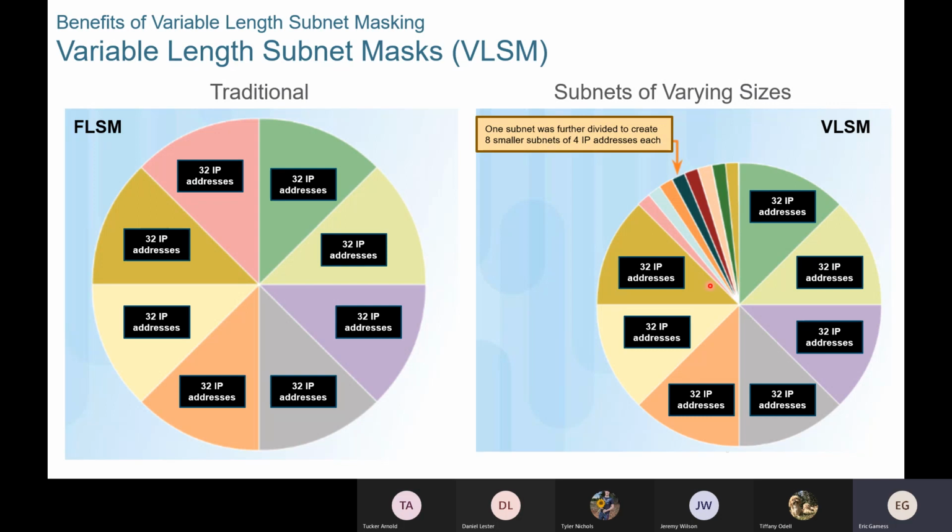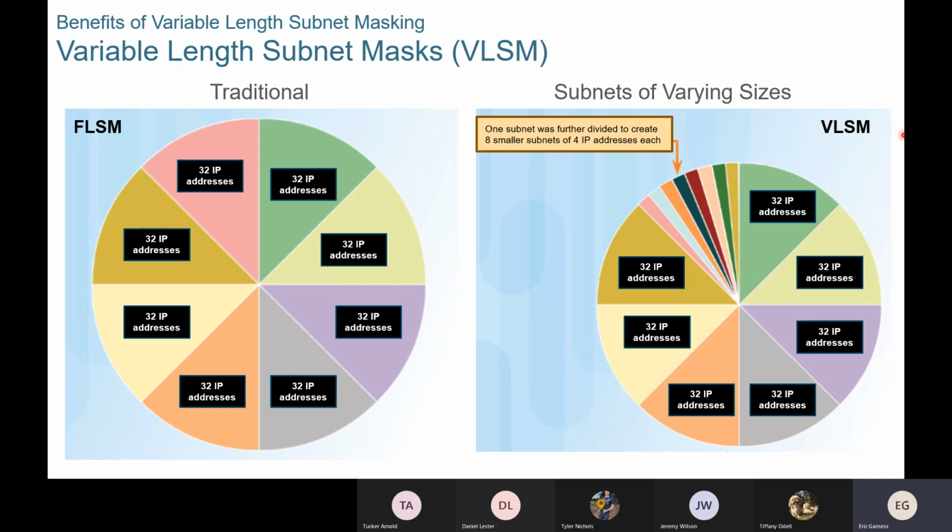The important thing is that each subnet must have a number of IP addresses which is a power of 2. So 4 is a power of 2. 32 is a power of 2. You cannot create a subnet with 7 IP addresses or with 10 IP addresses. We can create 16, or 8, or 32. It has to be a power of 2.